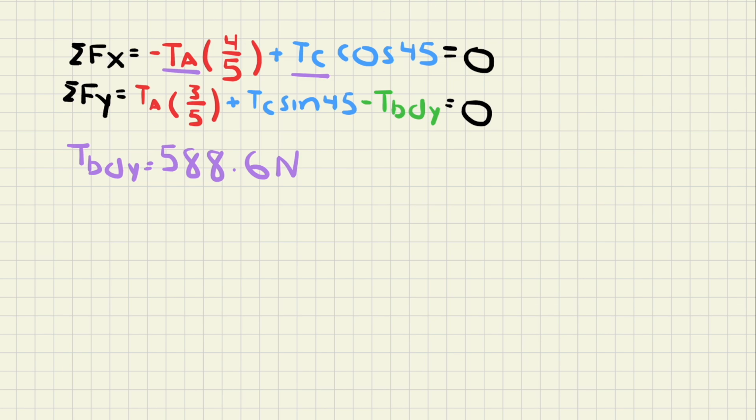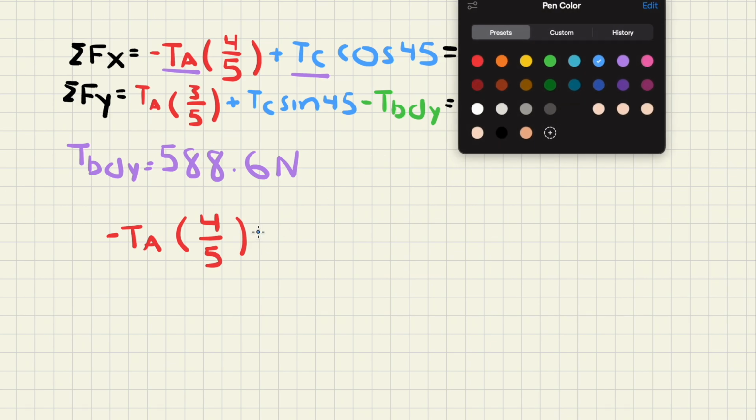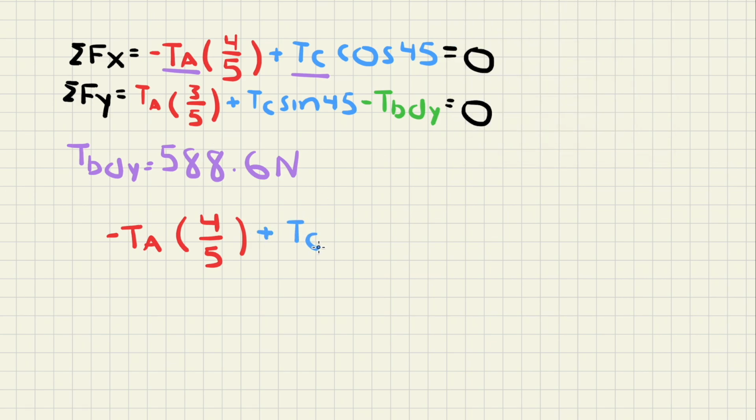So I have here negative TA 4/5 plus TC cosine 45 equals 0. So let's solve for this.